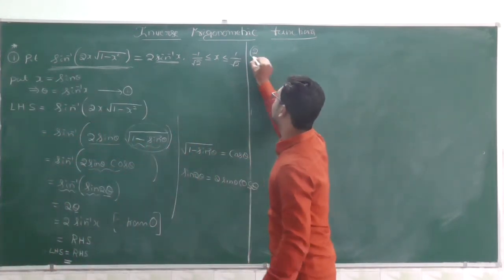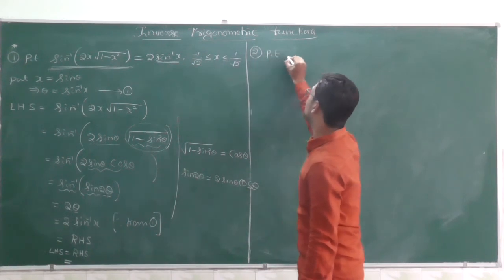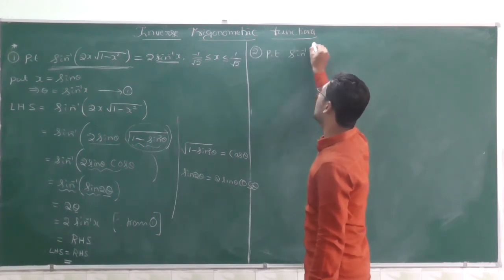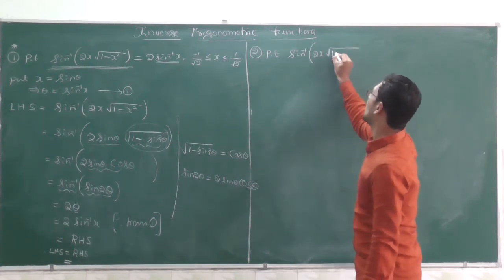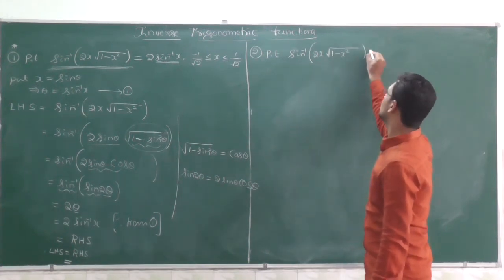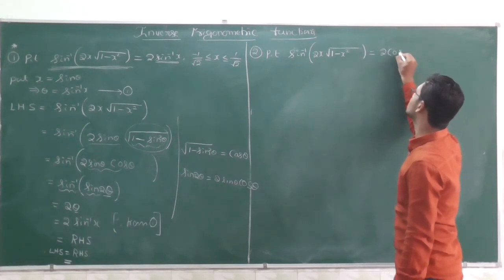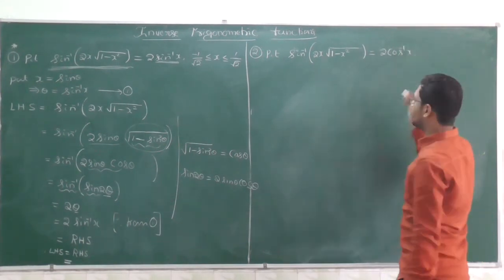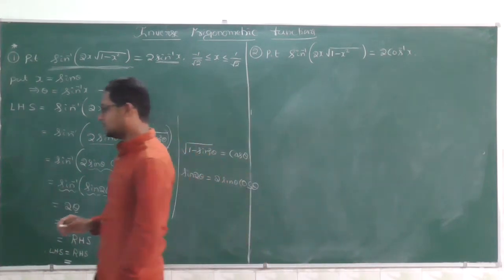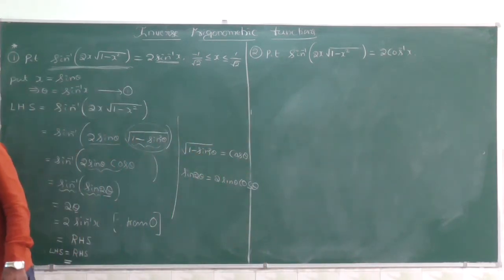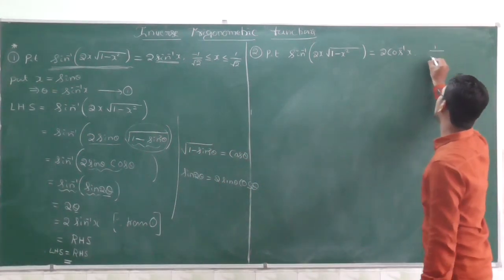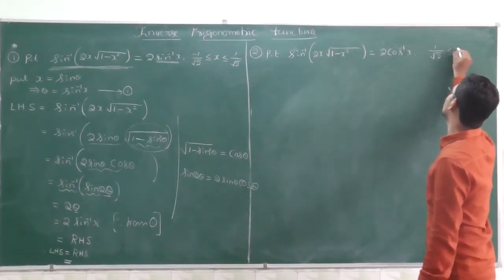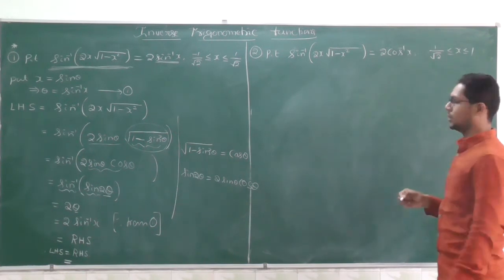Next, second problem. Prove that sine inverse of 2x into square root of 1 minus x square equals 2 cos inverse of x, where 1 by root 2 is less than or equal to x less than or equal to 1.